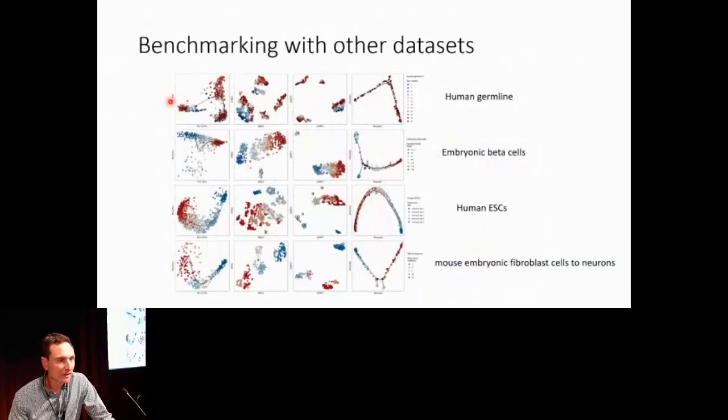In order to verify whether this ordinal logistic regression approach is actually helpful, we benchmarked this approach with a few other single-cell RNA sequencing data sets, studying human germline cells, embryonic beta cells, human ESCs, and the transition of mouse embryonic fibroblast cells to neurons.